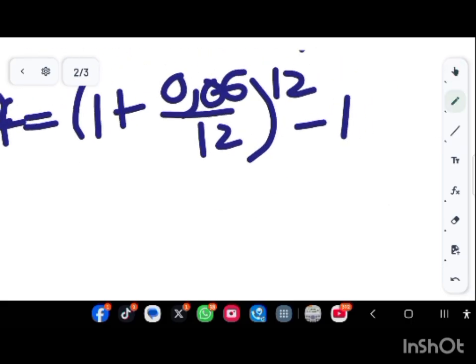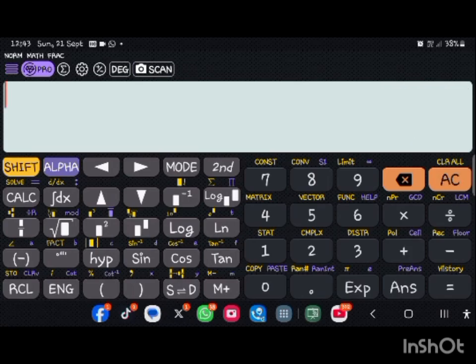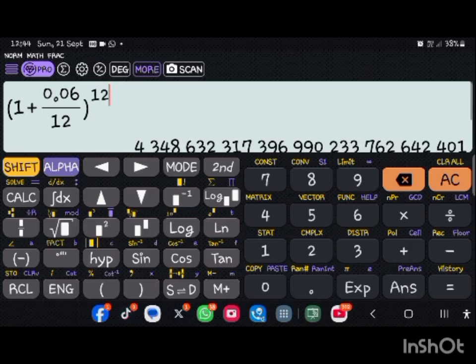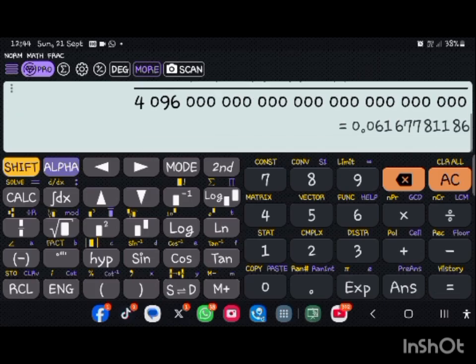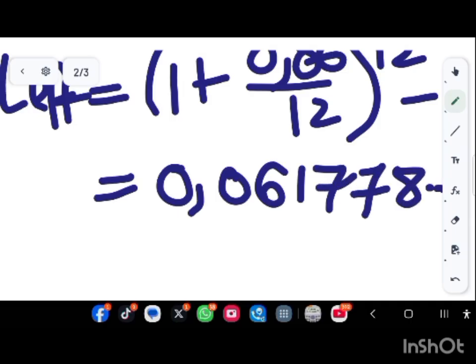Now take out a calculator. Let's calculate this together. So that will be bracket 1 plus fraction button 0.06 over 12, because it's compounded 12 times per year. Go out to the power of 12, right arrow, minus 1, and that gives you an answer of 0.061678, and so on.